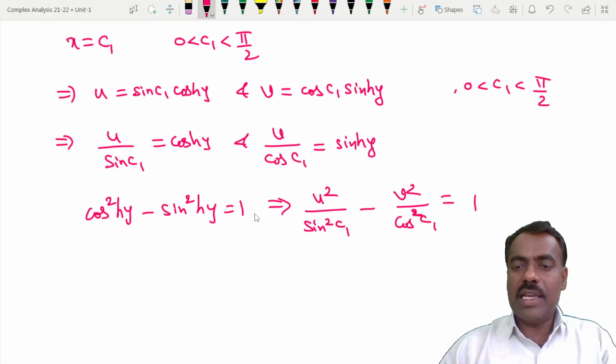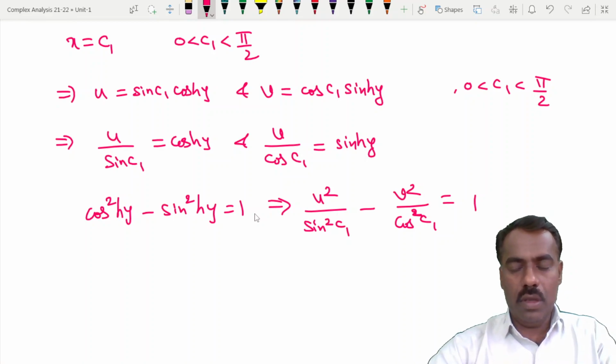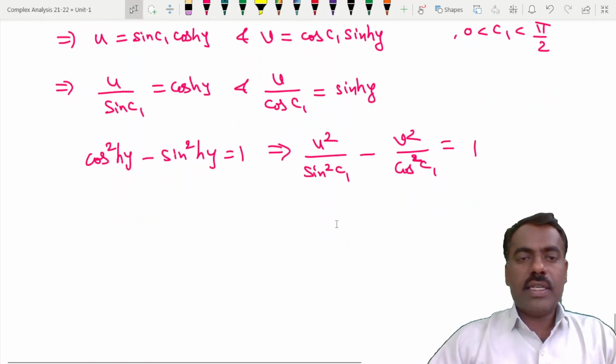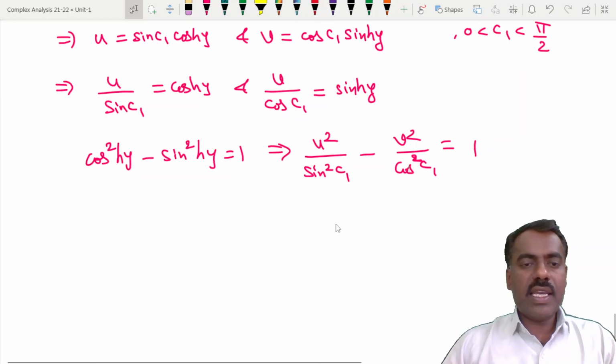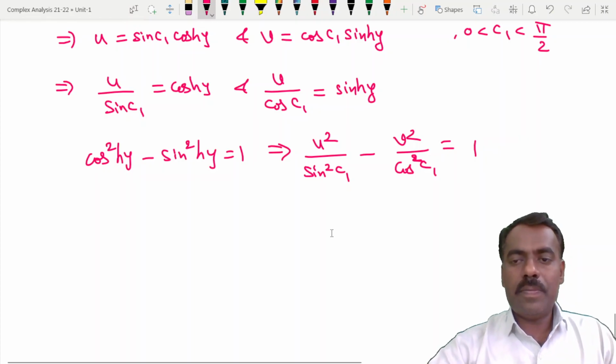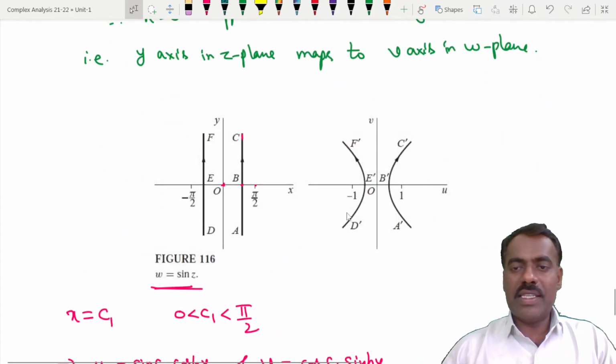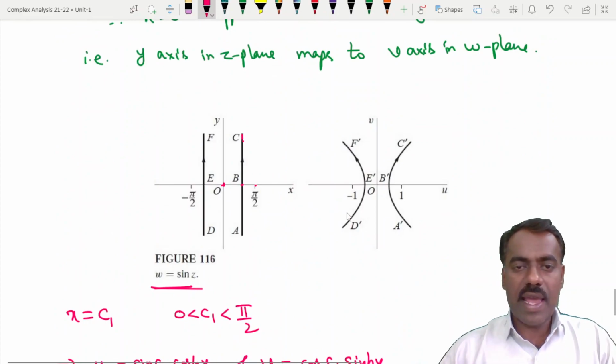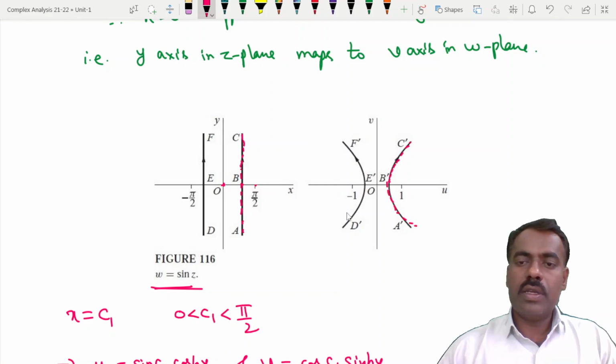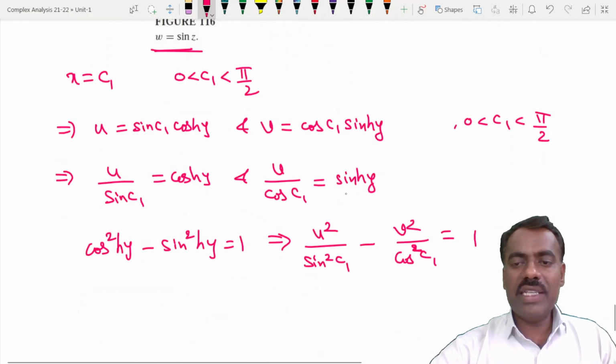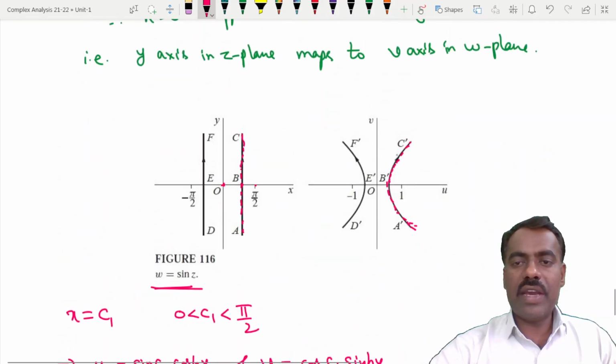Okay, clearly, whatever we are getting here is the right hand branch of the hyperbola. So whatever this line is mapping to, this line, because it is the right hand side branch.